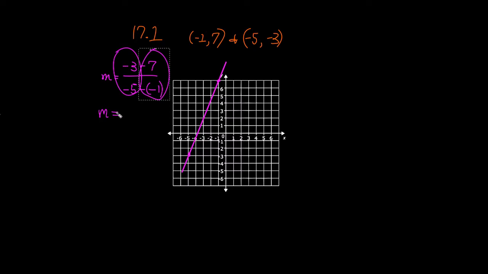But if you're inconsistent, then you'll be messing yourself up. So -3 minus 7 is -10. And -5 minus -1 is also known as -5 plus 1, which is -4. The negatives cancel out, and we are left with 10/4, which reduces to 5/2. So that should be the slope.